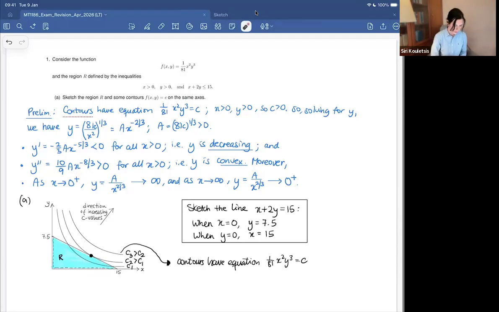So on this contour, the outputs of F are all C2, whatever the value of C2 is, which we're going to find in a moment. But it's only this point of tangency here with the region R where the constraint is satisfied, right? The other points here on C2 aren't in there.